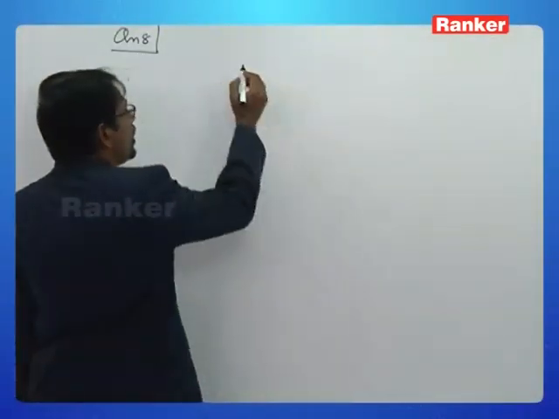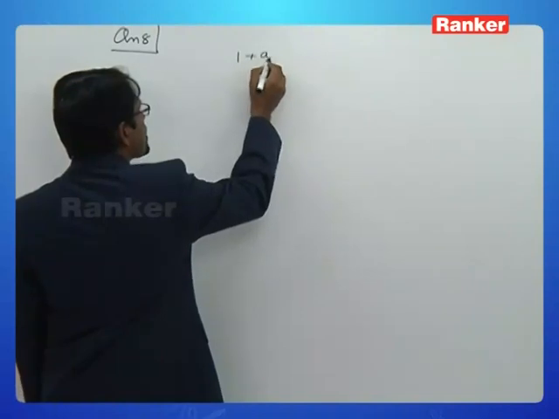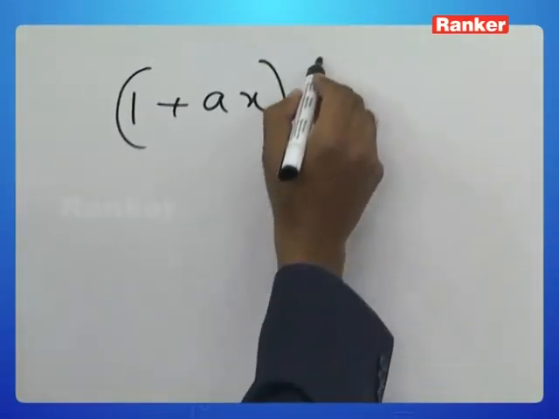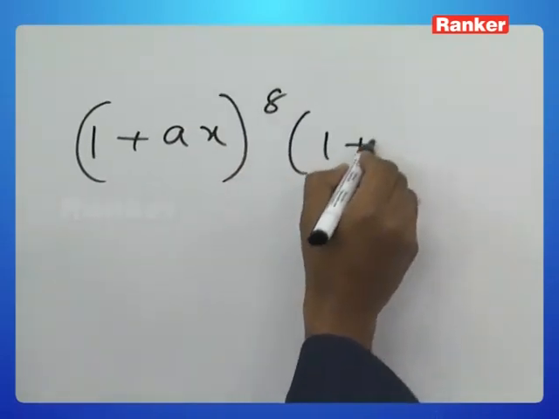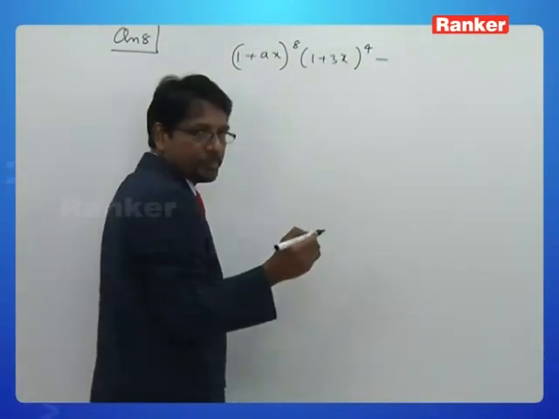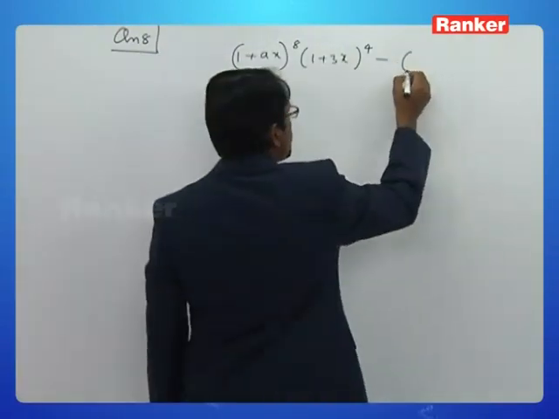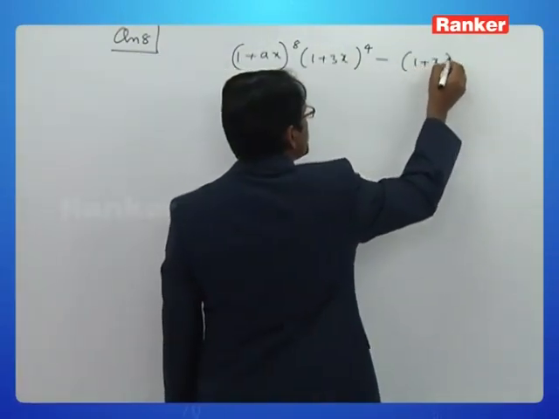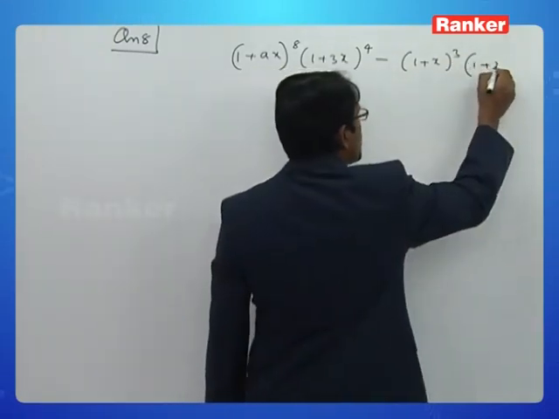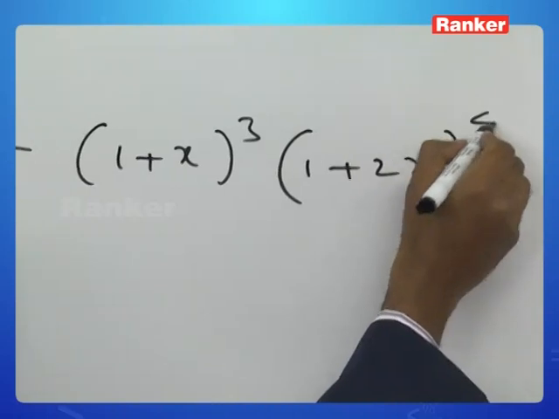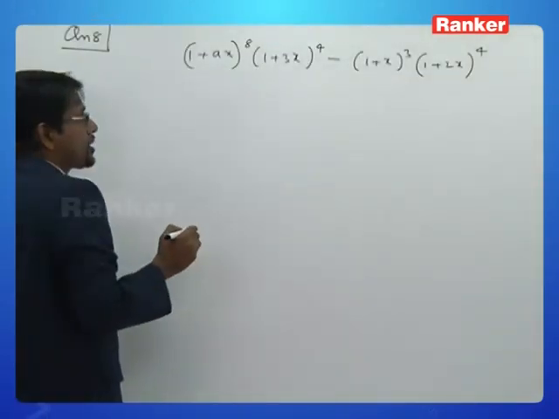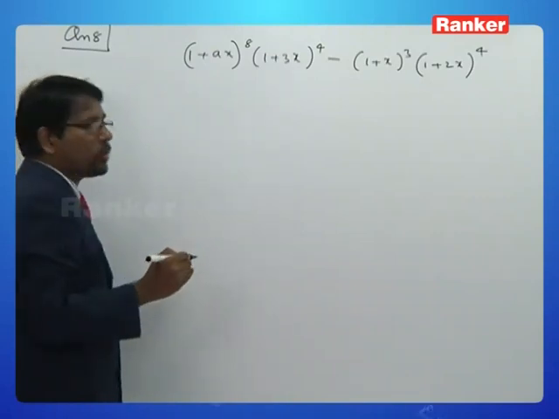Here we have (1 plus ax) raised to the power 8 into (1 plus 3x) raised to the power 4 minus (1 plus x) whole cube into (1 plus 2x) raised to the power 4. This is the term in which I have to pick up the coefficient of x and equate that to 0.